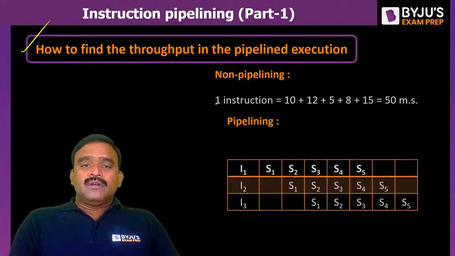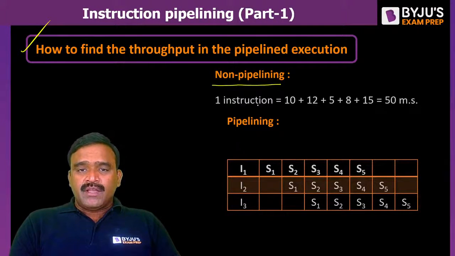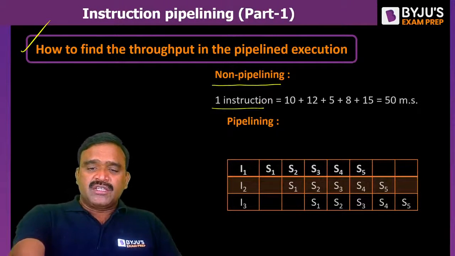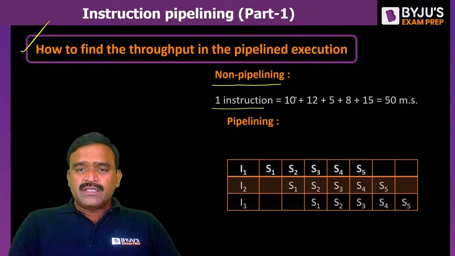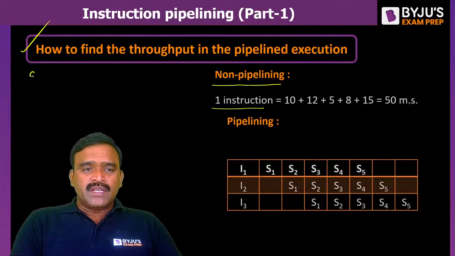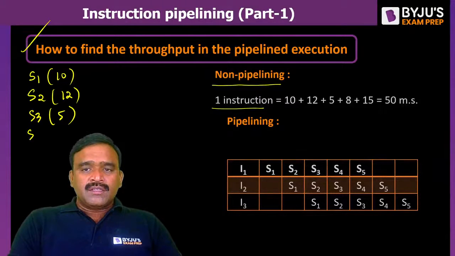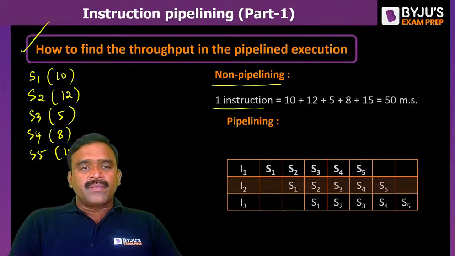Let us suppose I am taking non-pipelining execution. I am taking an instruction, and different stages take different timings. For example, stage 1 takes 10 nanoseconds, stage 2 takes 12 nanoseconds, stage 3 takes 5 nanoseconds, stage 4 takes 8 nanoseconds, and stage 5 takes 15 nanoseconds.